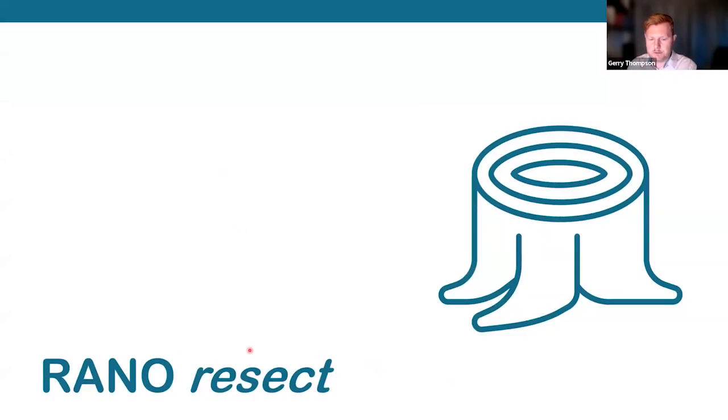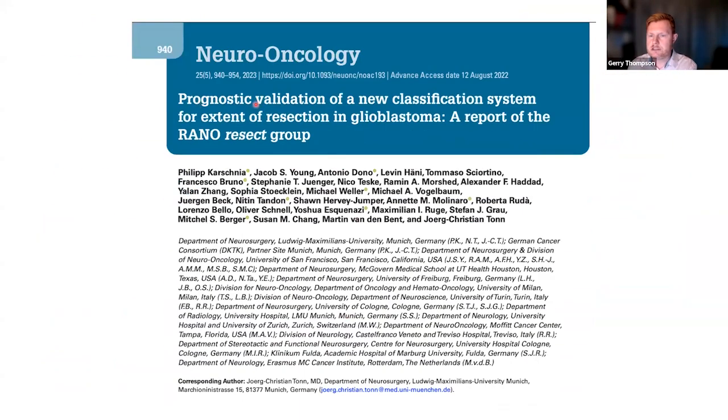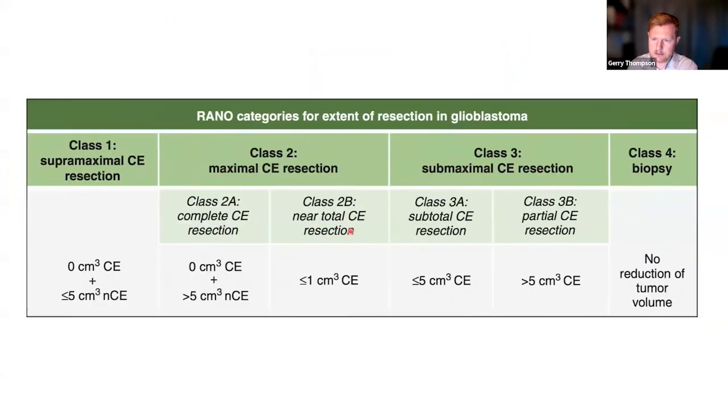Further to that, there's been a recent publication from the RANO Resect group, and RANO Resect really is looking at the prognostic impact of how much enhancing disease is left after surgery. This is the paper here for anyone that wants to go ahead and read that. What they've found is that there are different thresholds based on the absolute volume of residual enhancing tumour.